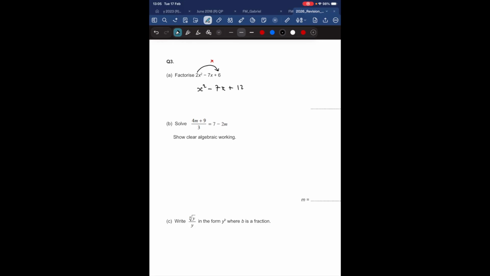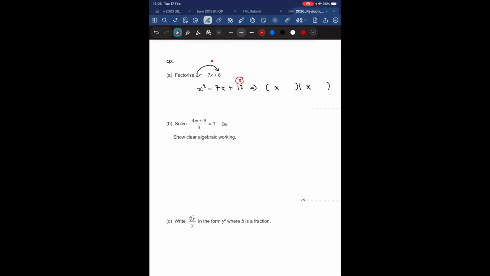Now this is a fairly straightforward normal quadratic expression, and we know that this is going to factorize into 2 brackets. So what I'm going to do, I'm going to put my 2 brackets in like so. I'm going to put an x in each bracket. Now the way that we factorize a normal quadratic is we want 2 numbers that multiply together to give us plus 12.